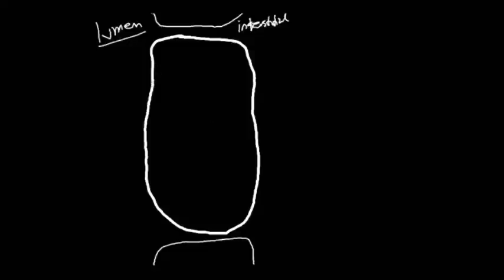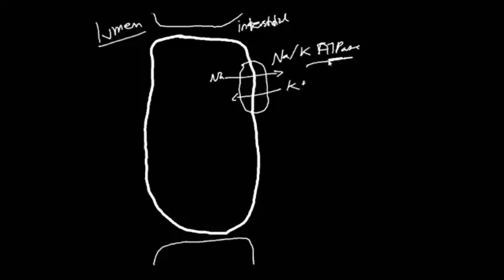So we've got the luminal side, and we've got the sodium-potassium ATPase. What it's going to do is actively secrete sodium into the interstitial space. It's going to actively pump potassium back into the cell, and it's going to require ATP in the process.